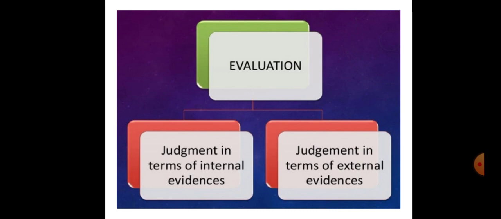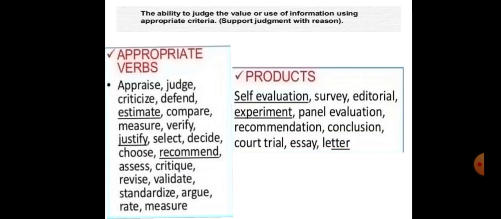Another definition is the ability to judge the value or use of information using appropriate criteria. You have criteria, not haphazard. Support judgment with reason. Reasoning is very important in judgment.